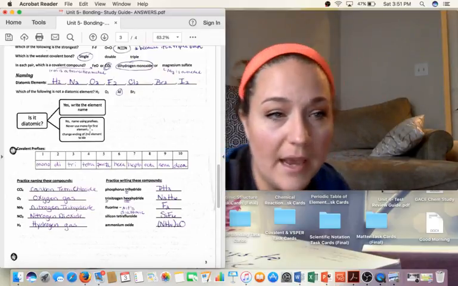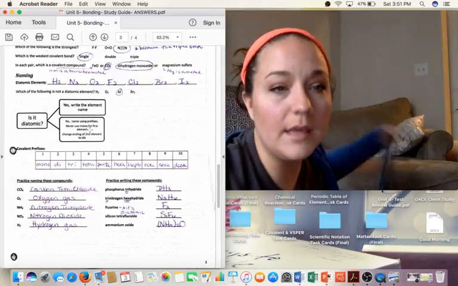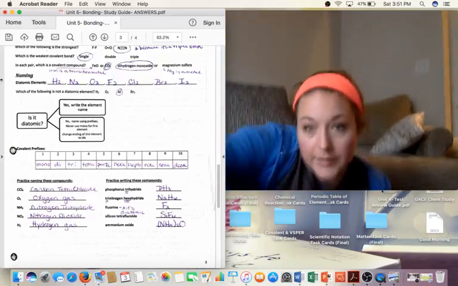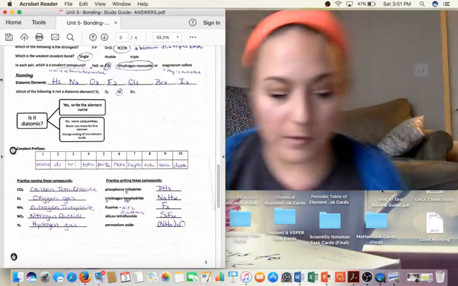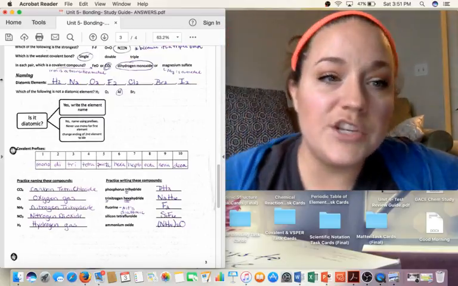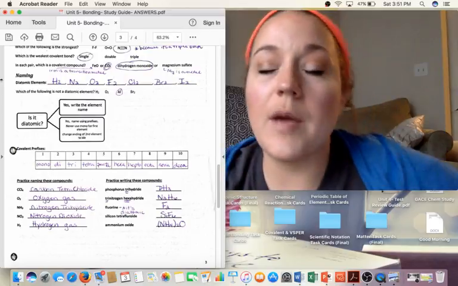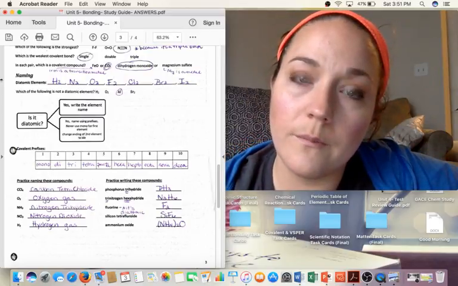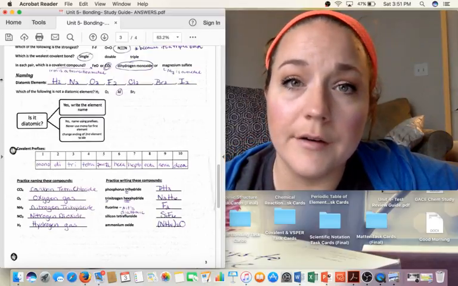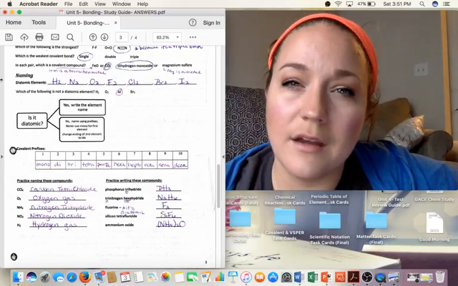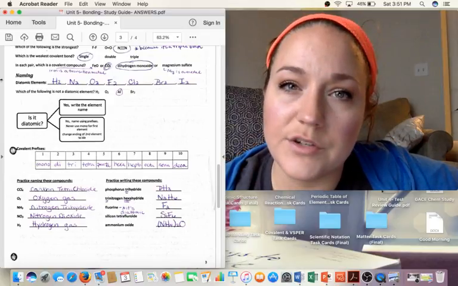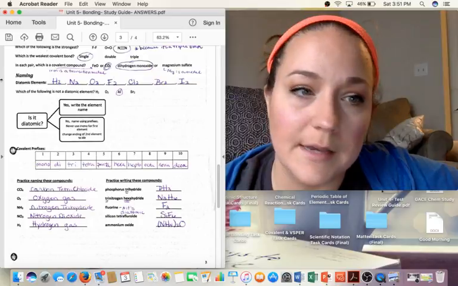With each pair, which is the covalent compound? So you have FeO. Fe is iron, which is going to be in ionic formation with oxygen, forming iron oxide.